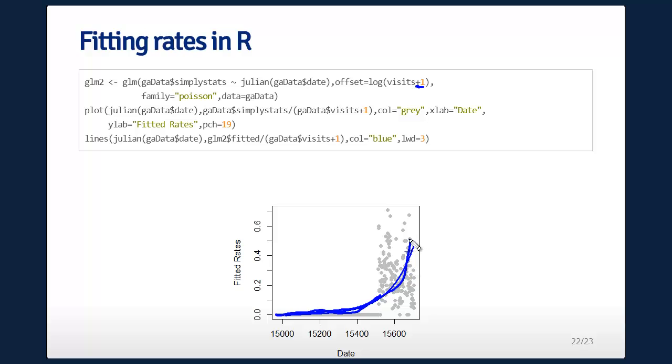So that's our rate model, plotting the fitted values divided by the number of visits plus 1. So that's how you model rates in R.